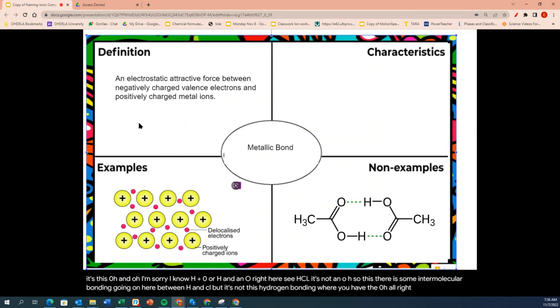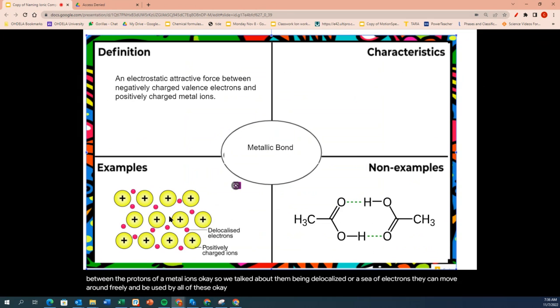All right, metallic bonds: electrostatic attractive force between negatively charged valence electrons. So here are the valence electrons that are in between the protons of metal ions. Okay, so we talk about them being delocalized or a sea of electrons. They can move around freely and be used by all of these.